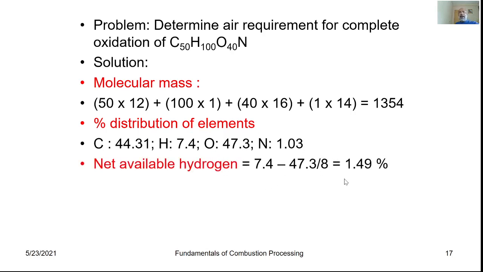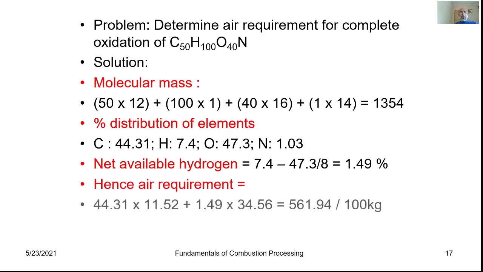H minus O by 8 comes to 1.49% in order to work out the net available hydrogen. Hence, as we have the data worked out per kg of each individual element, it can be used here, and the net quantity of air required for 100 kg of the given configuration can be worked out. Hence, it is converted into tons of waste.